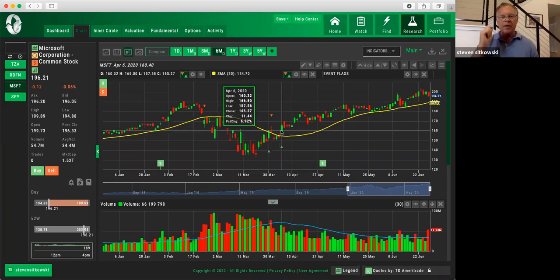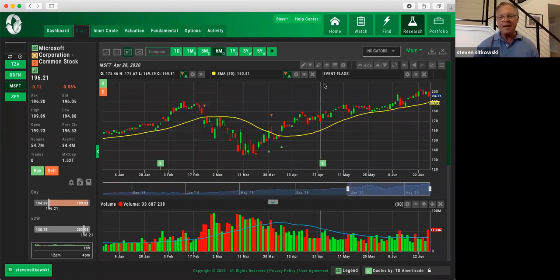Here's where people get into trouble and aren't sure what to do. They're in this bullish trade, in this case on Microsoft, and they don't know when to get out. They're not sure when their outlook has changed. And let me just share with you the two things that I see a lot of people do.